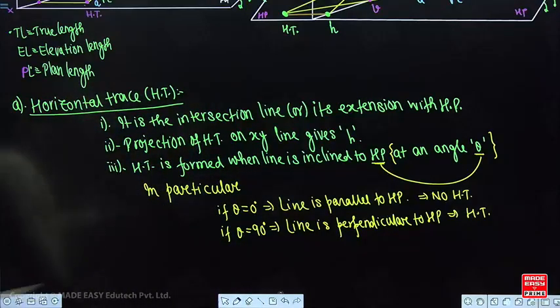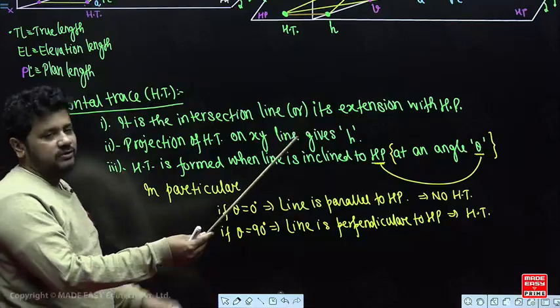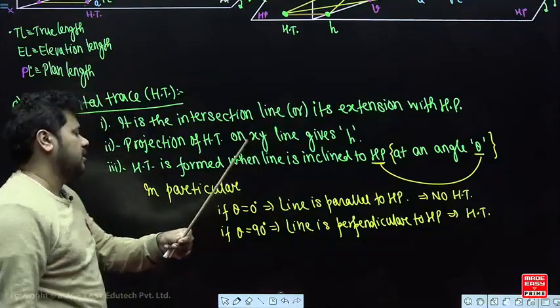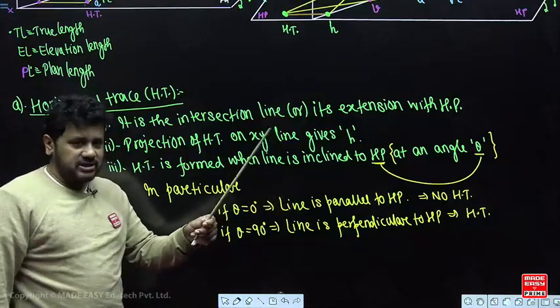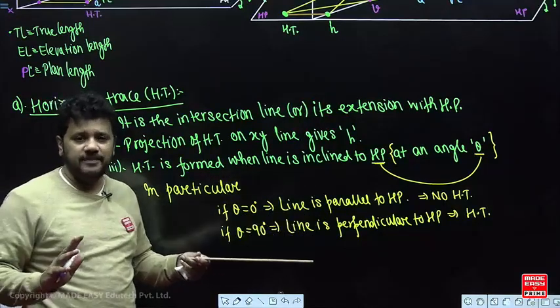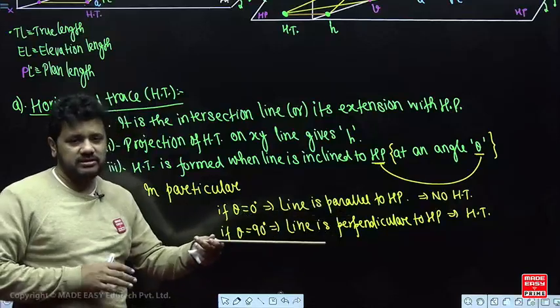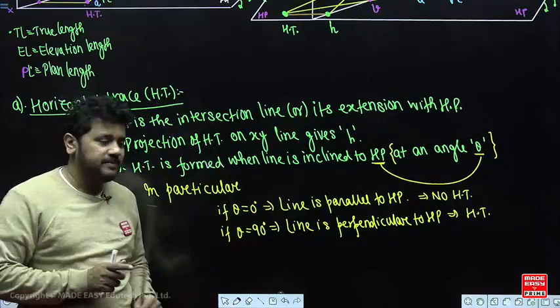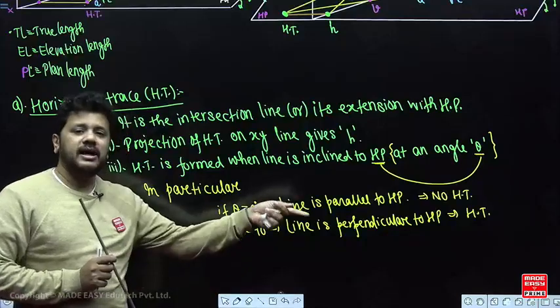So HT is formed when the line is inclined to HP, because then only is it going to intersect with the HP, right? If theta is equal to 0 degree, the line is parallel to HP, you will not see any intersection with the horizontal plane, so there will be no horizontal trace. But if theta is 90 degree, the line is perpendicular to HP. So theta 0, line is parallel to HP.